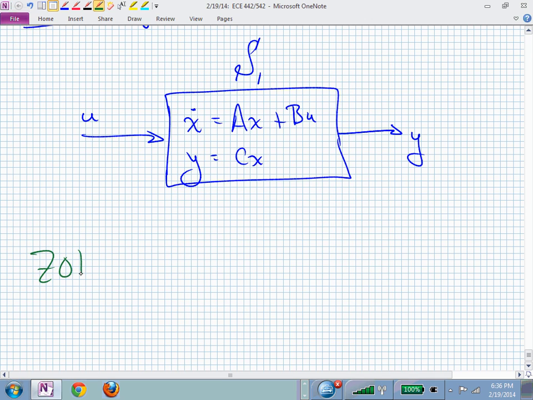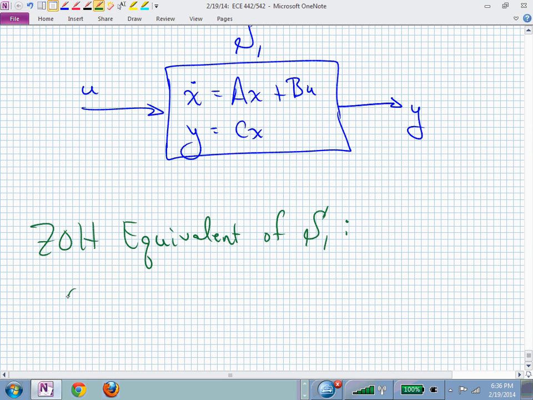Here's our zero order hold. Or how could you do this? If I now give you a state space representation, what's one approach?